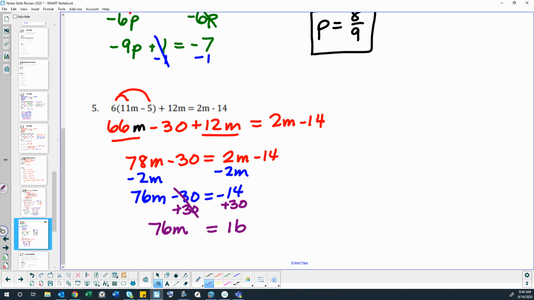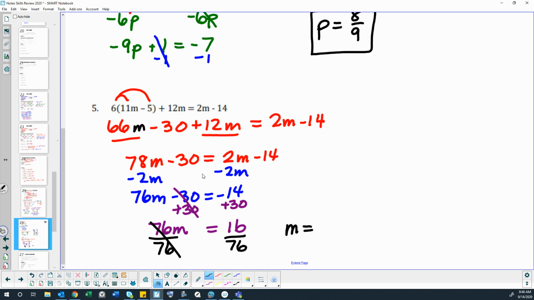Then we're going to divide both sides by 76. We only have to reduce 16 over 76, so just get that fraction to lowest terms. I'm not even sure exactly what it is in my head. I gotta work on it here for a second.